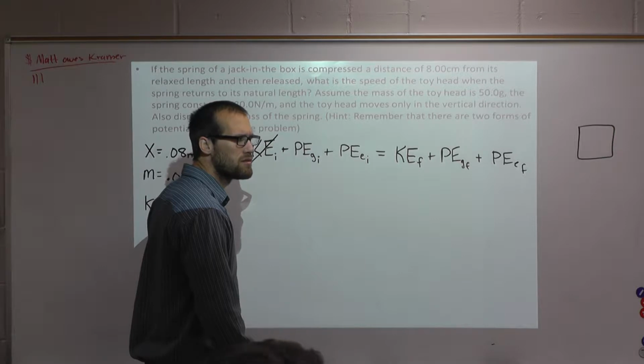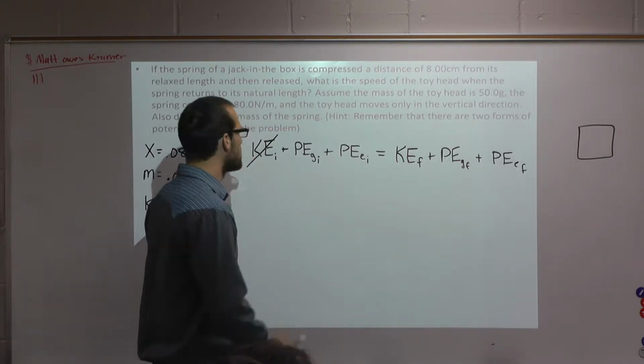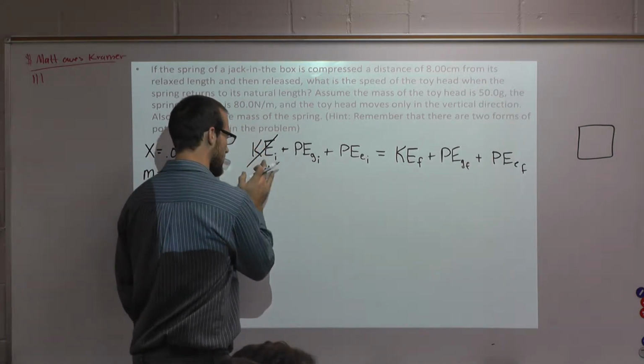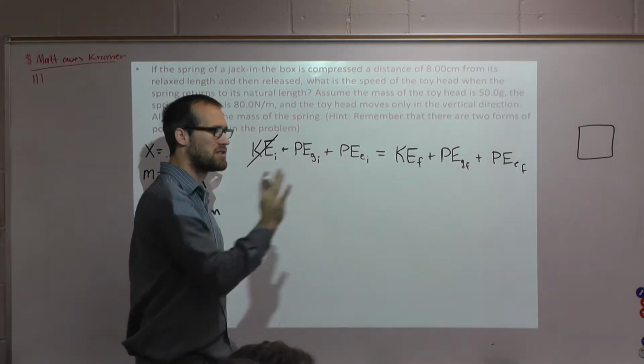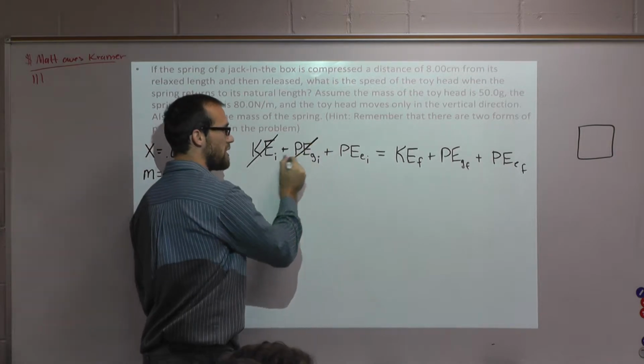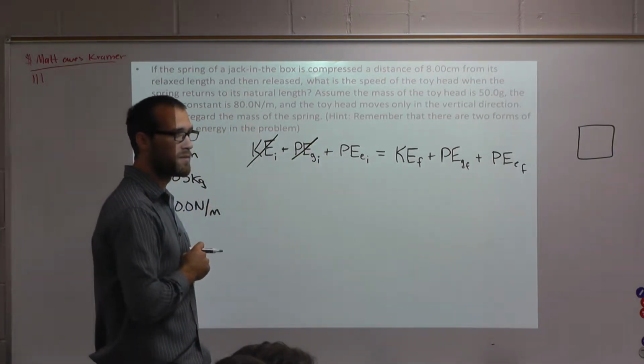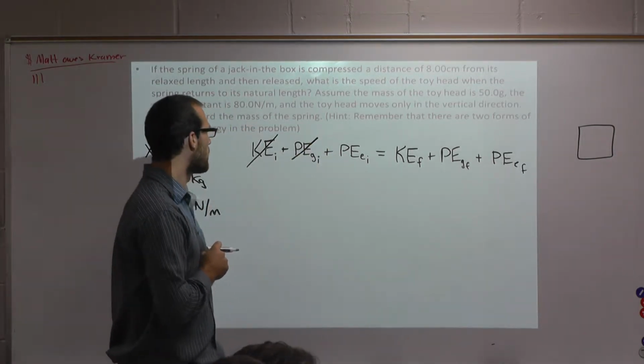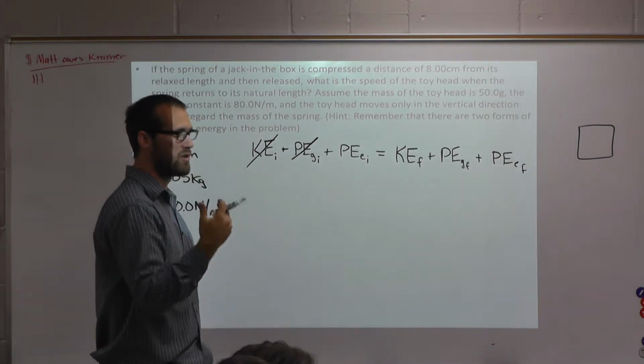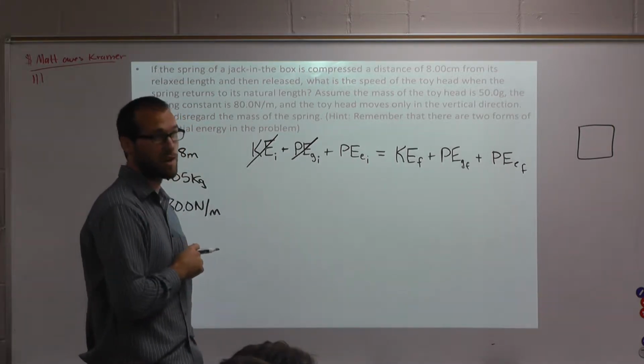I didn't say anything about any other potential energy. I just said potential energy due to gravity is zero. Why is kinetic energy zero? Because it's not moving right before you let go of the spring.